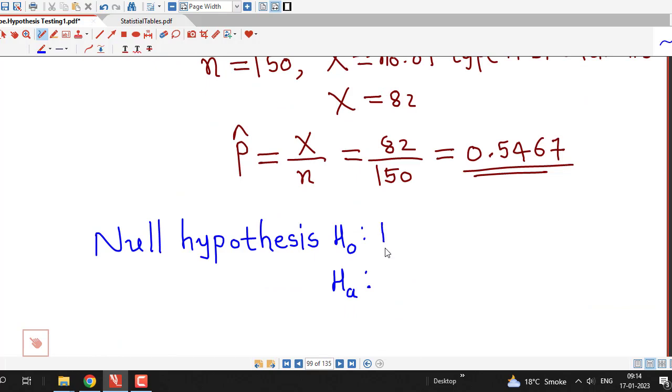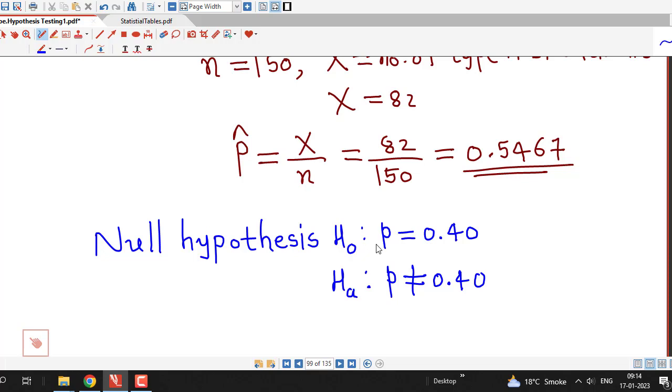Therefore we assume that the percentage of the population having type A blood donations is equal to 40% or 0.40, and the alternative is that it is different from 40%, that is 0.40.